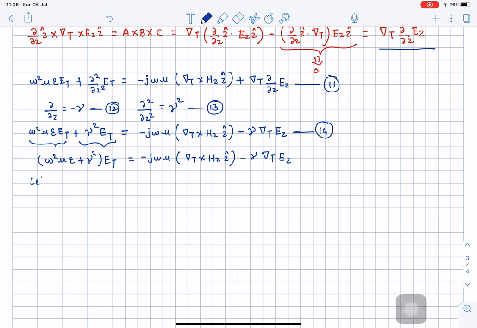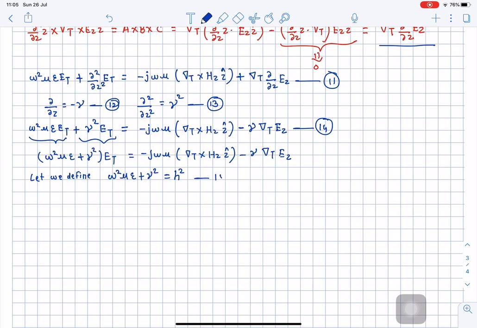Let us say we define the term omega square mu epsilon plus gamma square as h square.